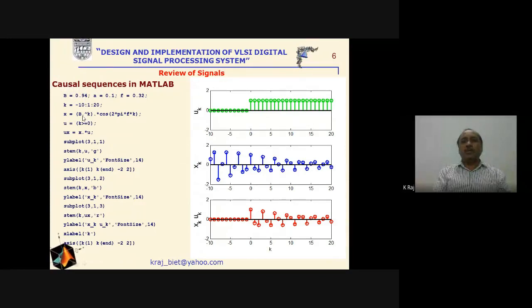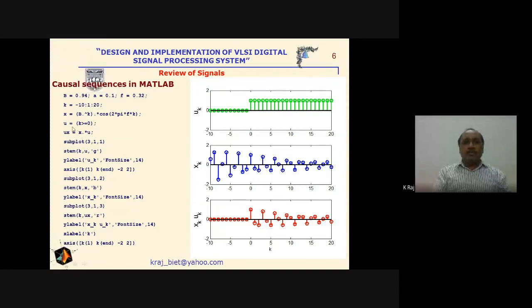Again, we have considered the dot operator, element-wise operation, then dot multiplication, element-wise operation, cosinusoidal, and then 2 pi f k. We have defined this cosine, cos 2 pi f k. We have defined f, we have defined k here, and then this cosine function will be multiplied by an exponential function b to the power k, where b is defined as 0.94, that is less than 1.